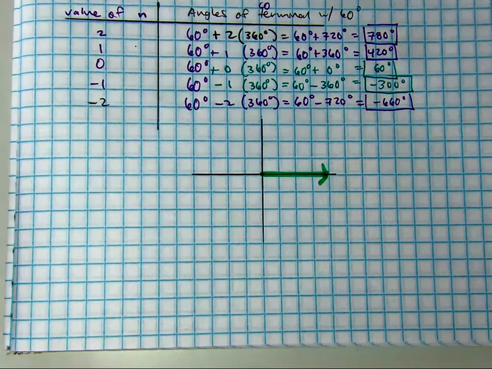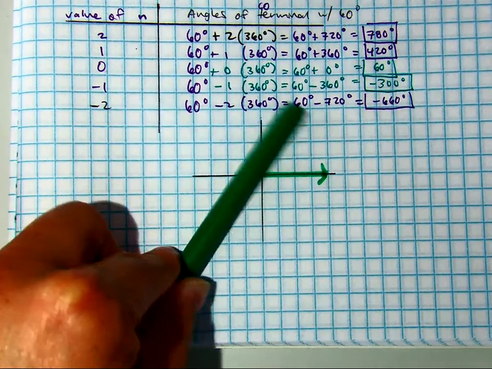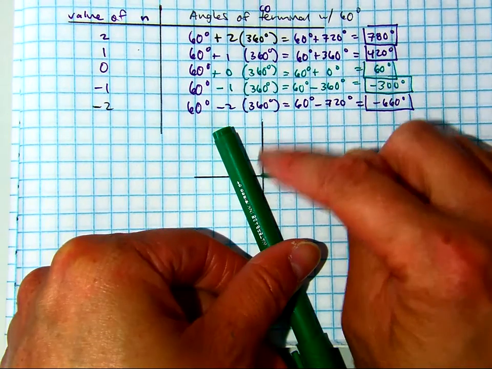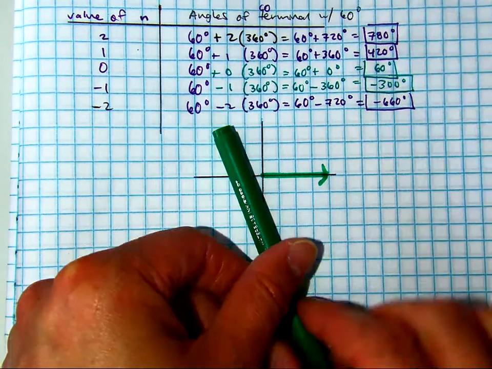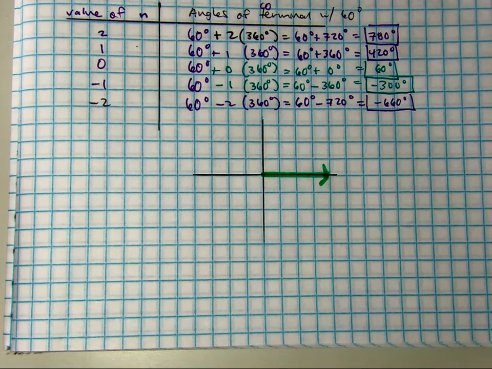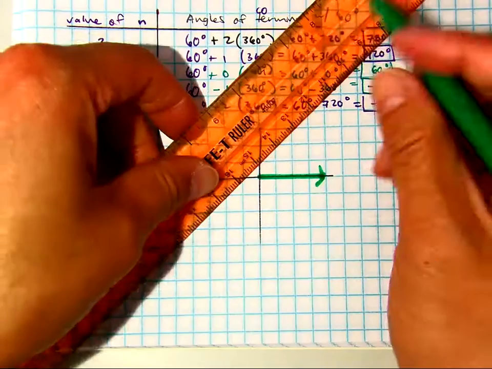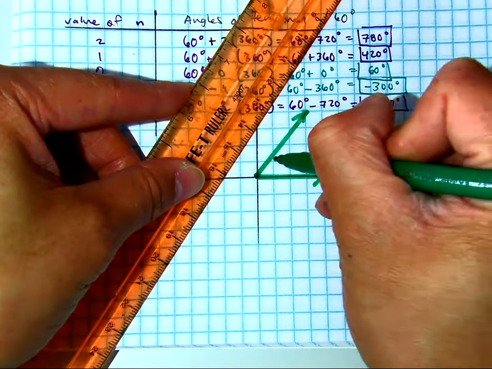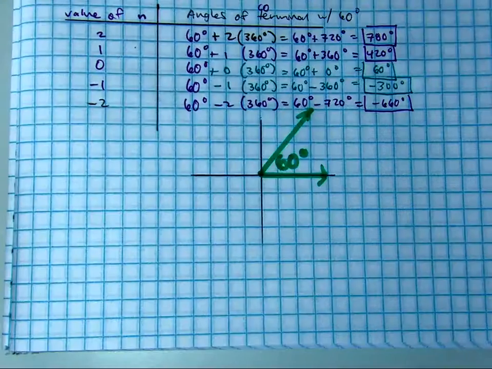Class, can 60 degrees go past this line? No, because that line represents how many degrees? 90, right? So you should have something like this. Okay?